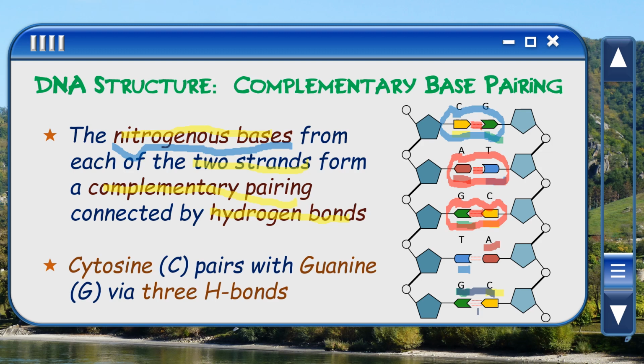You will count: 1, 2, 3. 3 hydrogen bonds. So that's why we are saying cytosine is going to pair with guanine via 3 hydrogen bonds. And here too, cytosine is pairing up with guanine using 3 hydrogen bonds.